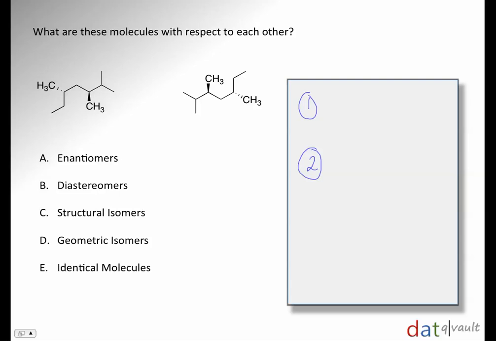In each molecule there are 2 stereocenters. So this substituent right here has the highest priority, followed by this ethyl group and then this methyl group. So we're going to travel in a clockwise rotation, which means the stereocenter is R, but notice the hydrogen is facing forward in this molecule.